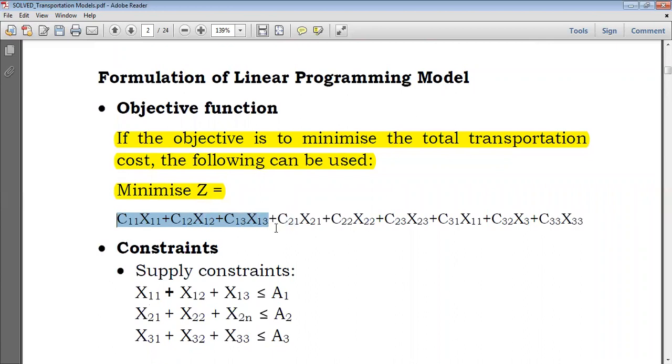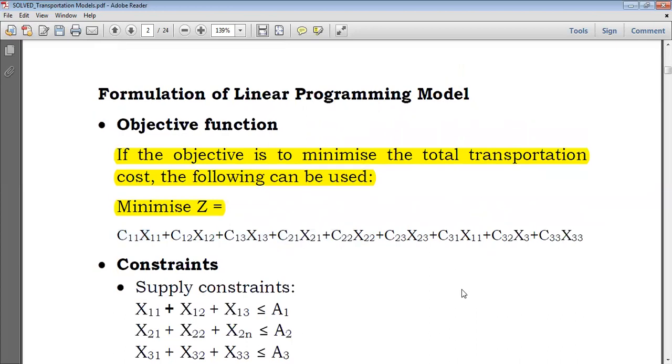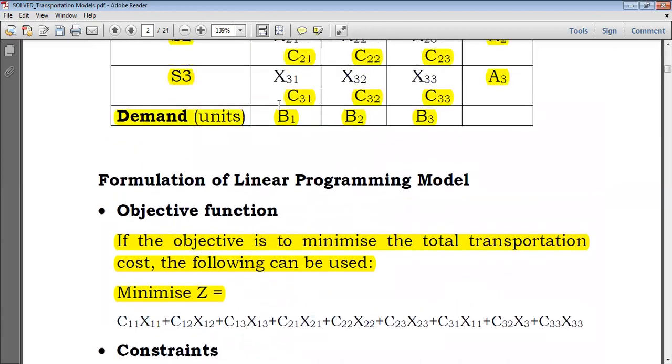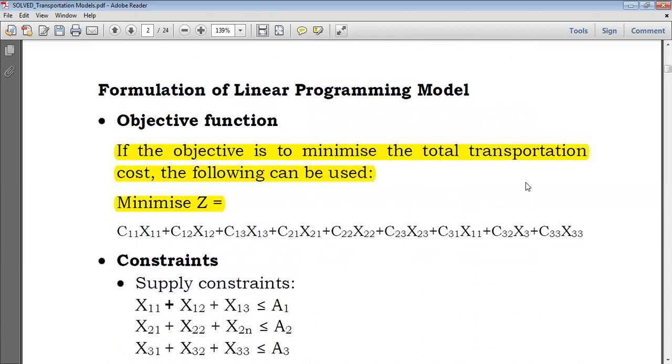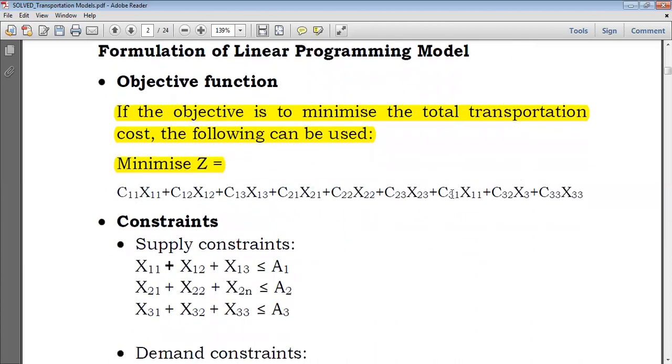You go to the second row, C21 X21, C22 X22, C23 X23. Oh, I think something is wrong here. Let me make a bit of rectification. The numbers should be the same. There is some kind of an error here.